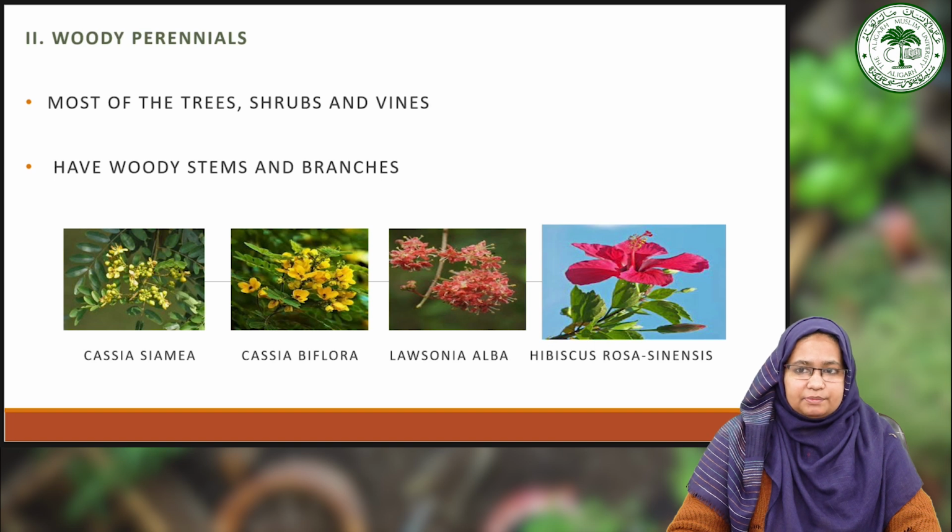Second is woody perennials, which are mostly trees, shrubs and vines. They have woody stems and branches like Cassia siamea, Cassia biflora, Lawsonia alba, Hibiscus rosa-sinensis and Quisqualis indica, Veronia, Cassia fistula. These are examples of woody perennials.